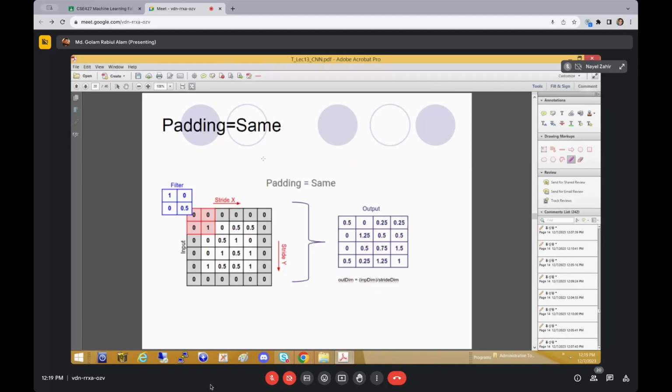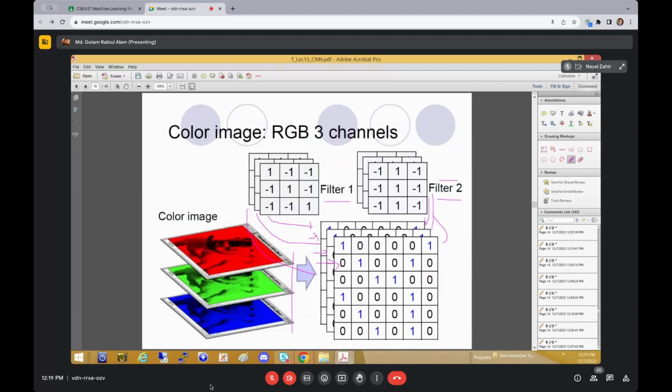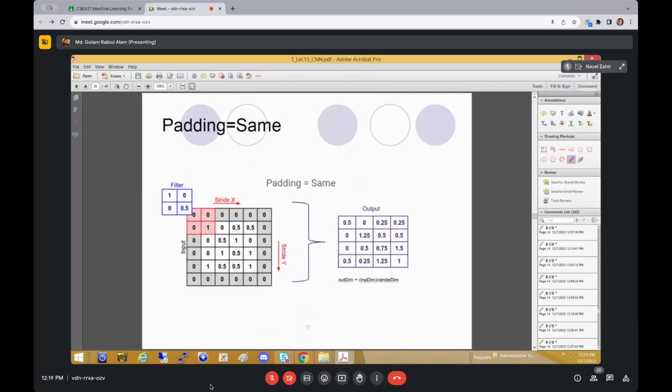So here we can see if we consider padding equals same, we have to consider the zero padding. This is the original image. The original image size is 1, 2, 3, 4, that means 4 by 4.